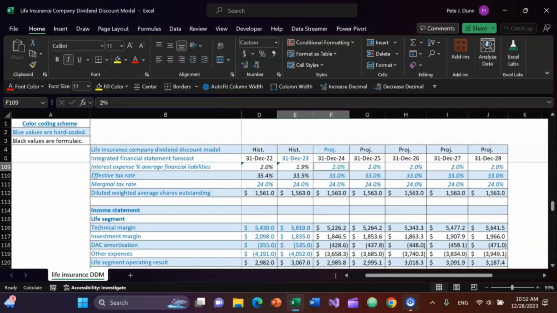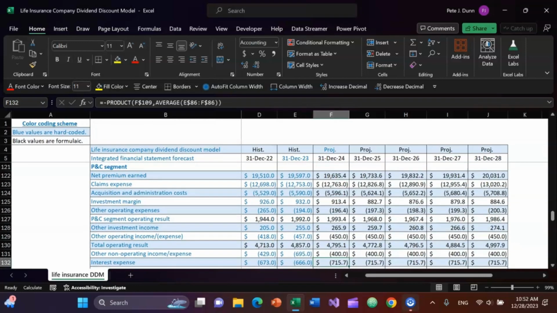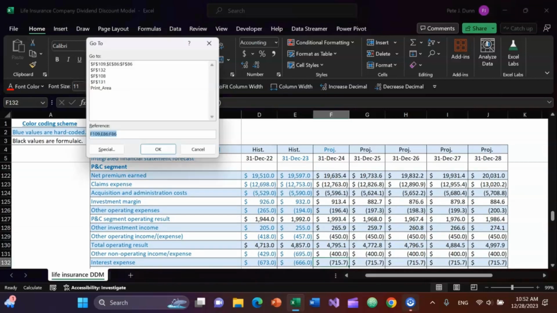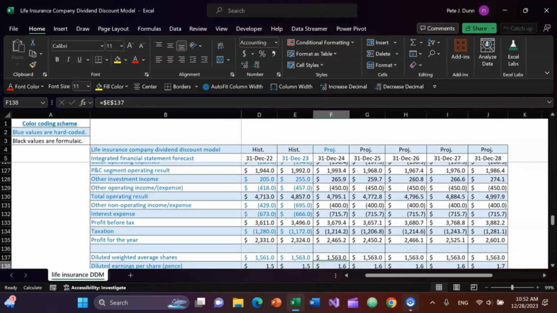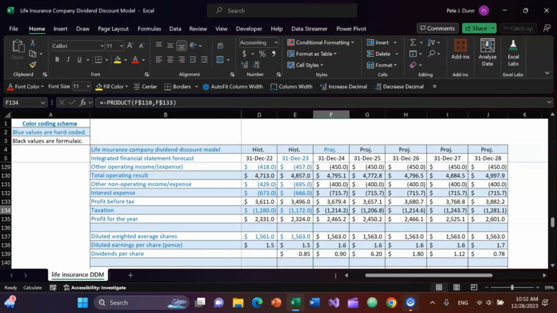You can see the assumption was 2% per year. Then I'll do F5, reference row 86, and you can see what the financial liabilities were. Those reference the original balance sheet assumption. Take out those expenses by summing rows 130 through 132, and you have your profit before tax.